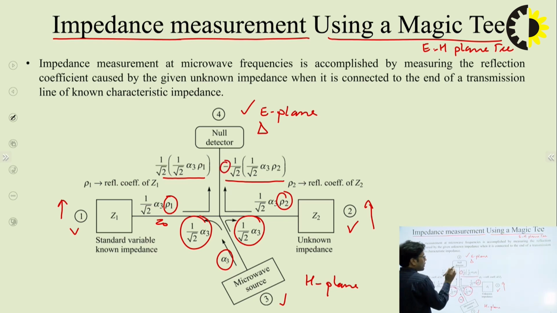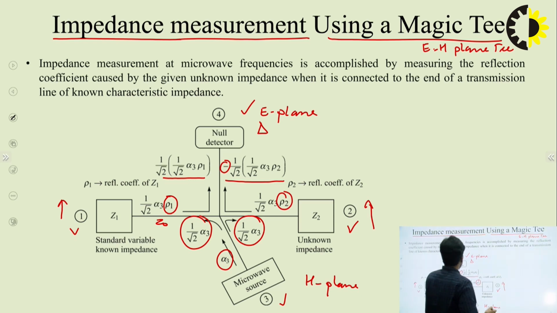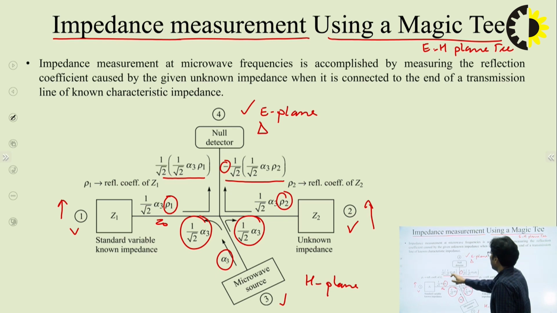The negative sign shows the 180 degree phase shift between these two values, right? So why are we calling this a null detector? The resultant value that we will get is the difference of these two values, right? If the difference of these two values is equal to 0, then we will have a null detector.